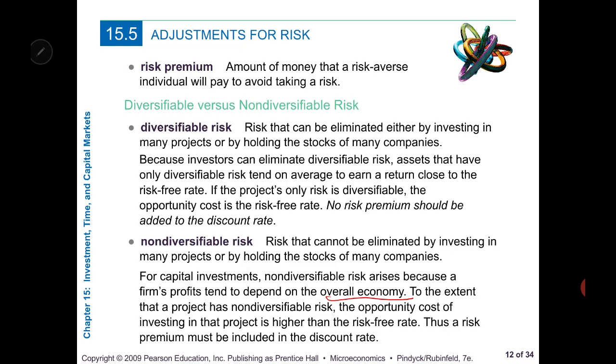This is very cyclical, so you can't just take 5 companies, because all 5 companies will be affected if you have an economic recession. So in that case, the opportunity cost of investing in a project is higher than the risk-free rate. In such a case, we do add a risk premium to the discount rate. Alright?